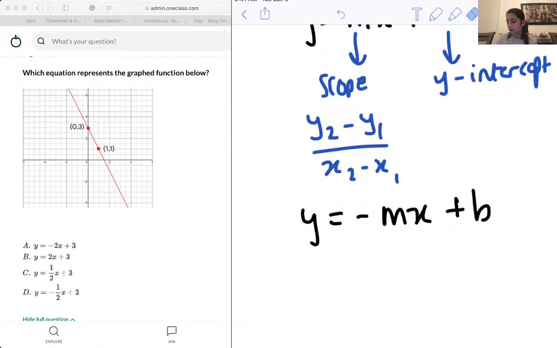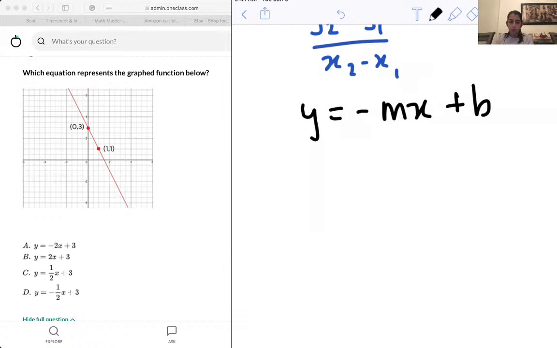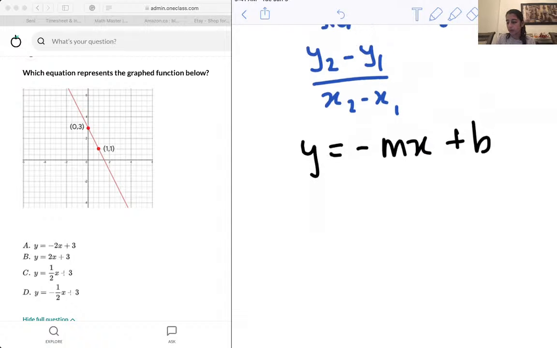Next thing we have to figure out is our slope. So we're going to use the formula provided above, and we're just going to plug in the coordinates that they've given us. So m is going to be y2, which is, we can take this point, for example, to be our y2, is 3, and our y1 is 1, minus 1 over, our x2 is 0, and our x1 is 1.